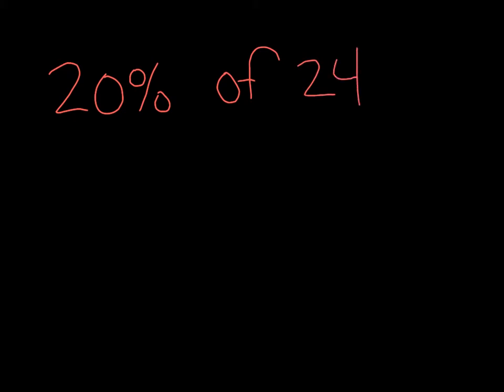We're going to take a look at another problem. This time, we're going to take a look at 20% of 24. So I'm going to get my visual that's going to help me out. Here's my box, and I start every box with 0, 0%, and 100%.